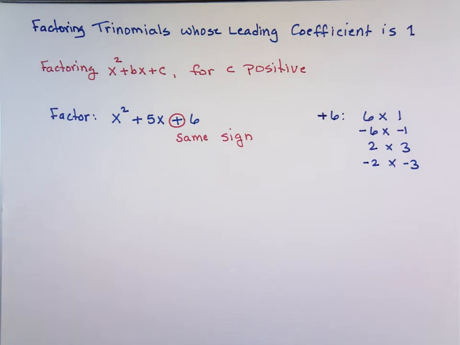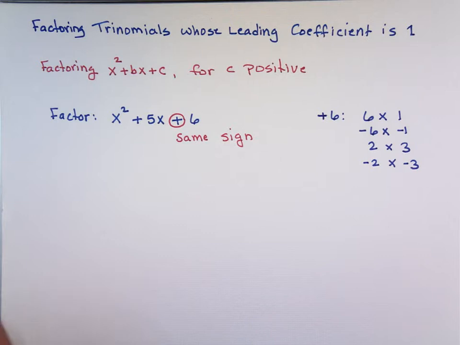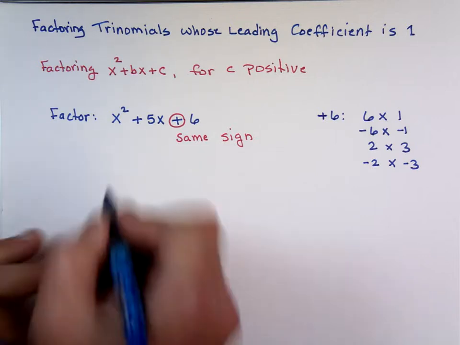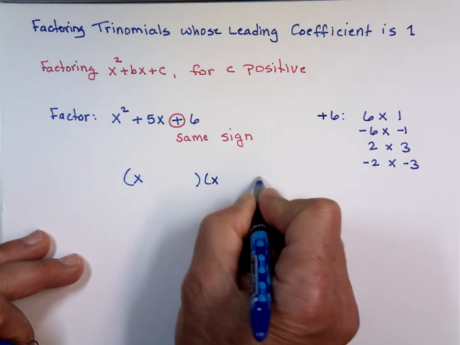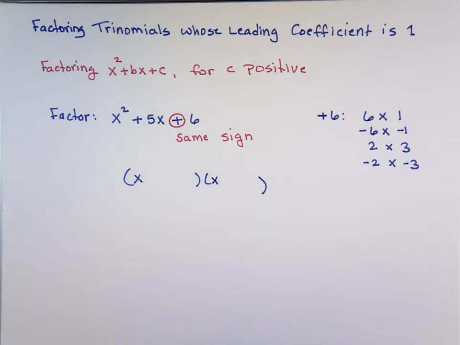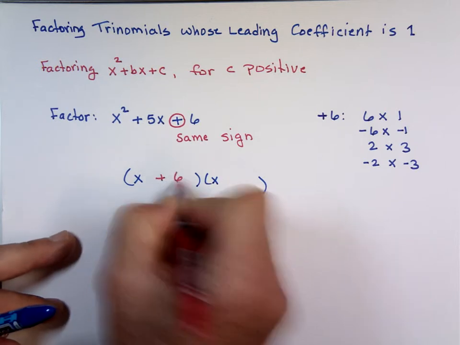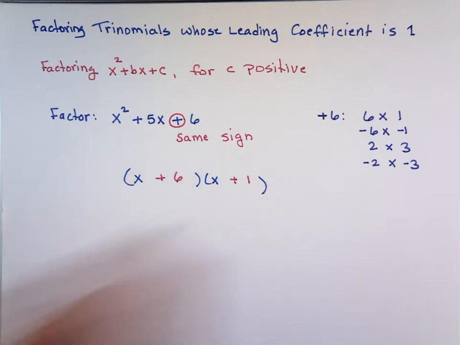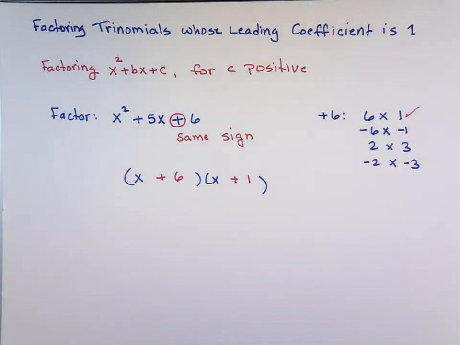So we can do it the long way, and that is try every one of these combinations. Now x squared is going to be x and x. And I'm going to try these numbers. Let me try the plus 6 and plus 1. So let me try this option and see if that works.